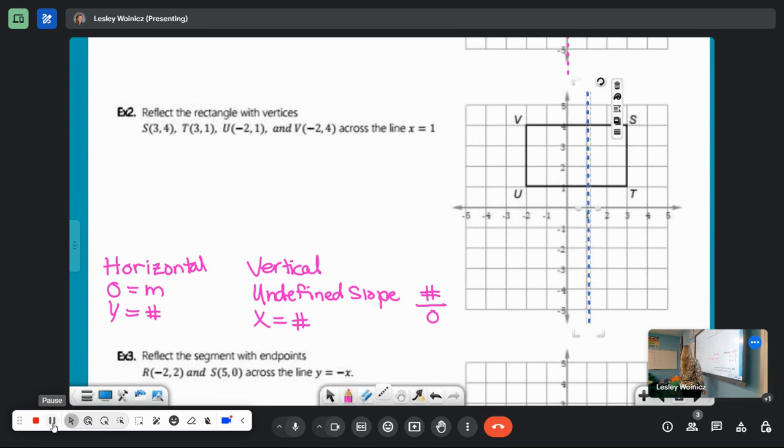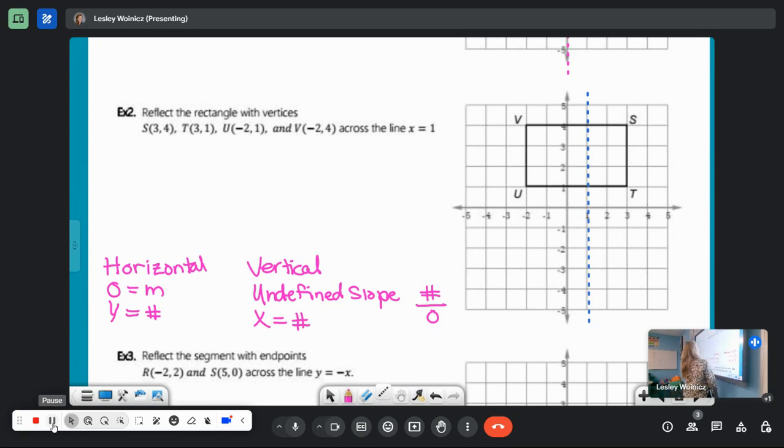Oh my gosh. Okay, I've got the points (1, 0), (1, 1), (1, 2), (1, 3), (1, 4), (1, 5). What do they all have in common? The x is 1. That's why it's called x equals 1. The y can vary, the x has to be 1.